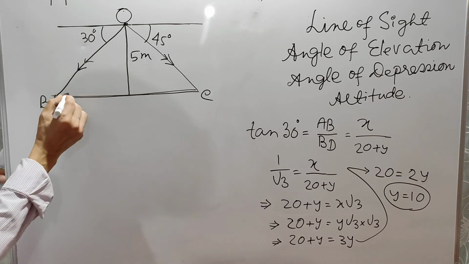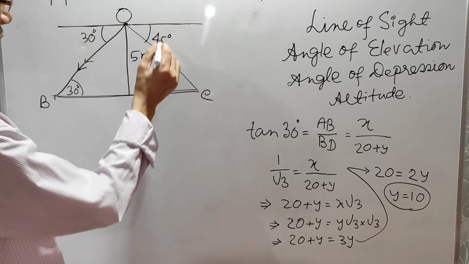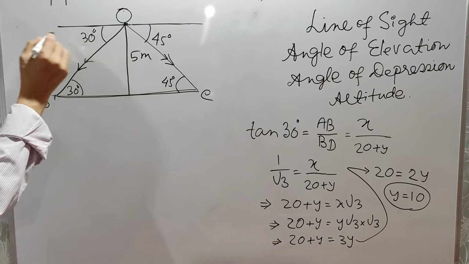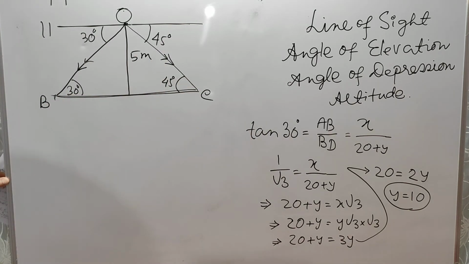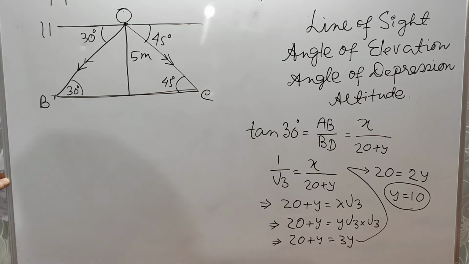If this is 30, this will be 30, because of alternate angles. If this is 45, this will be 45, alternate angle, because this horizontal is parallel to the ground. The water surface is ground level, horizontal.